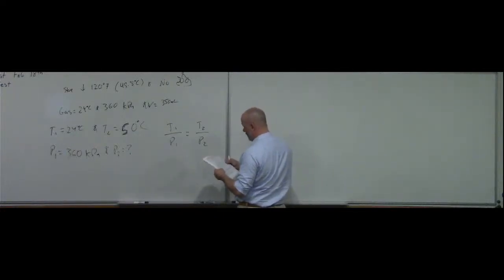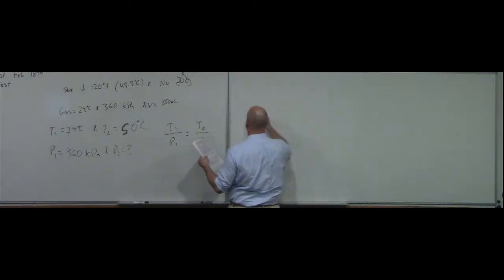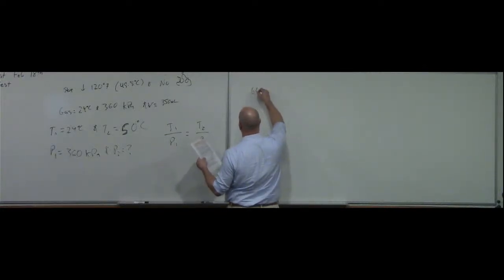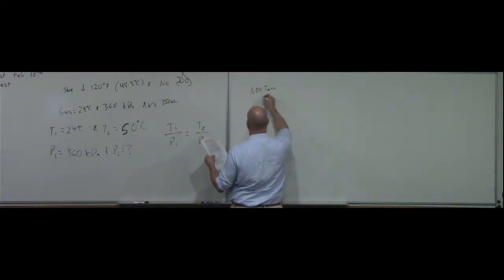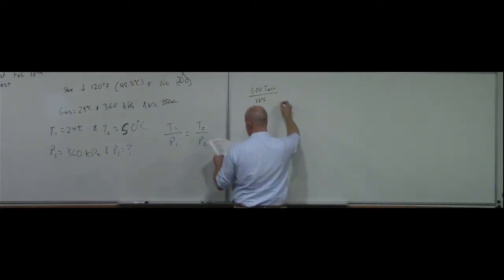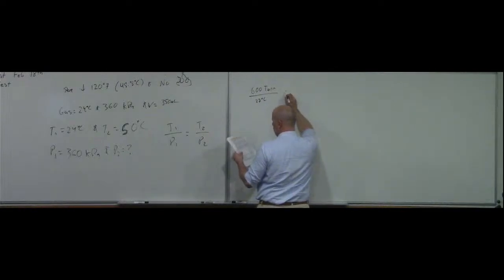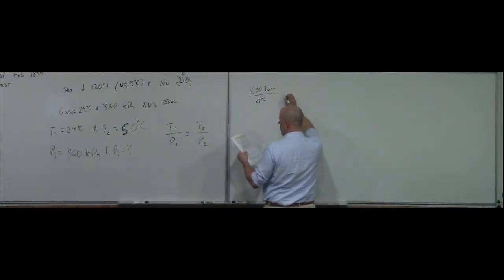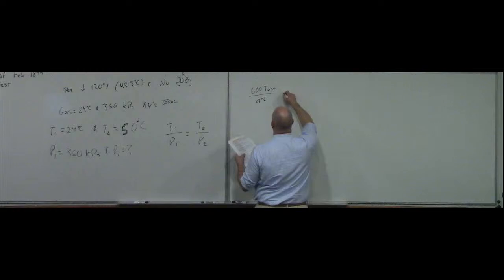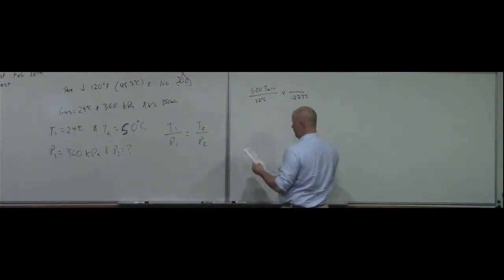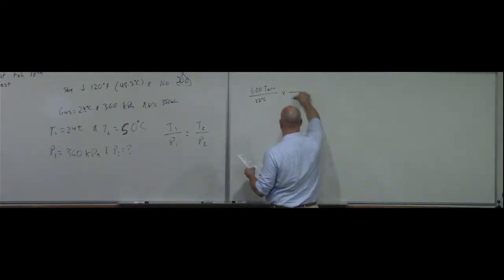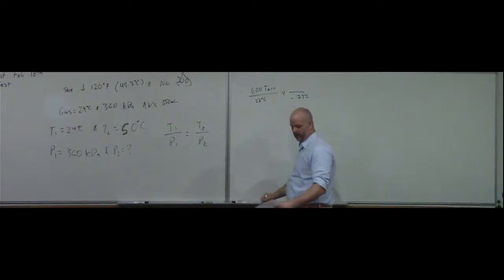That's extraneous information for us right now. At 27 degrees centigrade and 600 torr. So we're going to put our 600 torr over 27 degrees centigrade. What pressure will it have if it's cooled to negative 73 degrees centigrade?